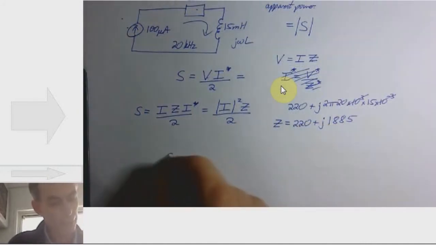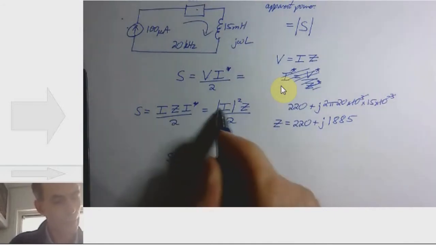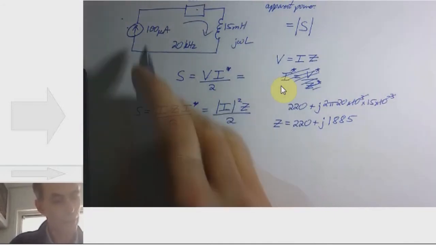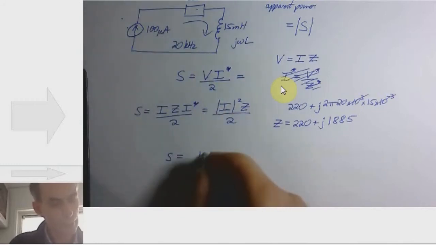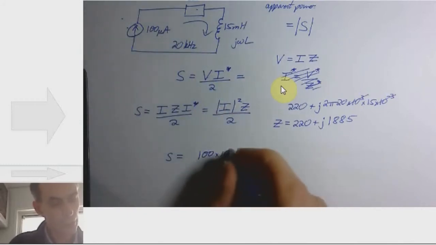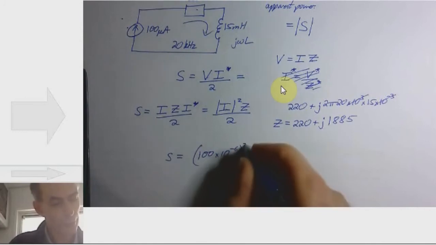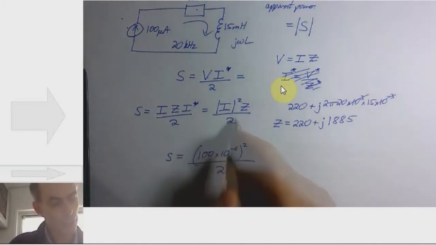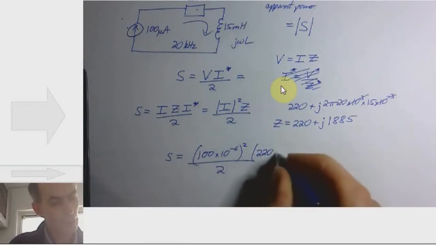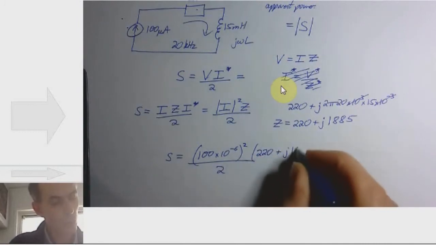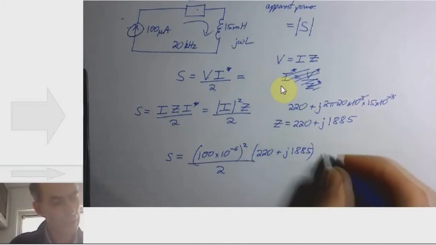So S equals the magnitude of I squared, which is 100 times 10 to the minus 6 squared, divided by 2 times Z, which is 220 plus j1885.